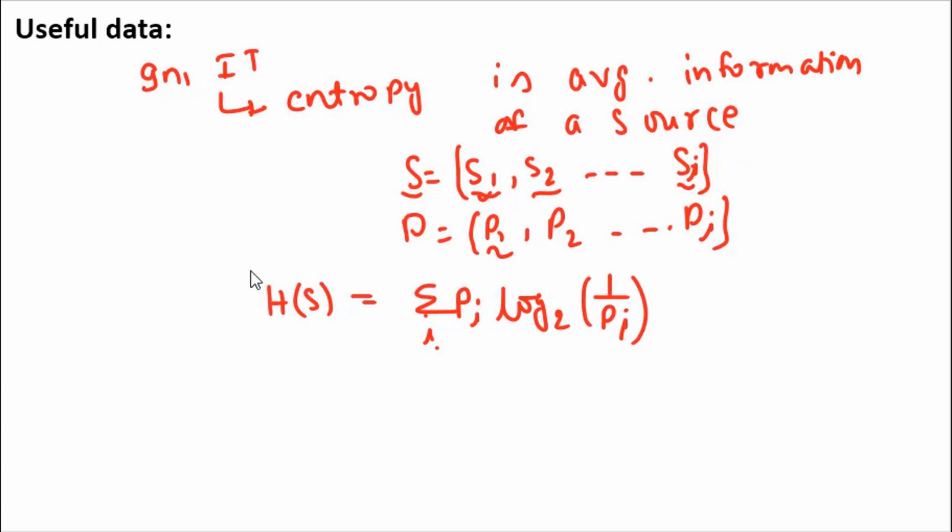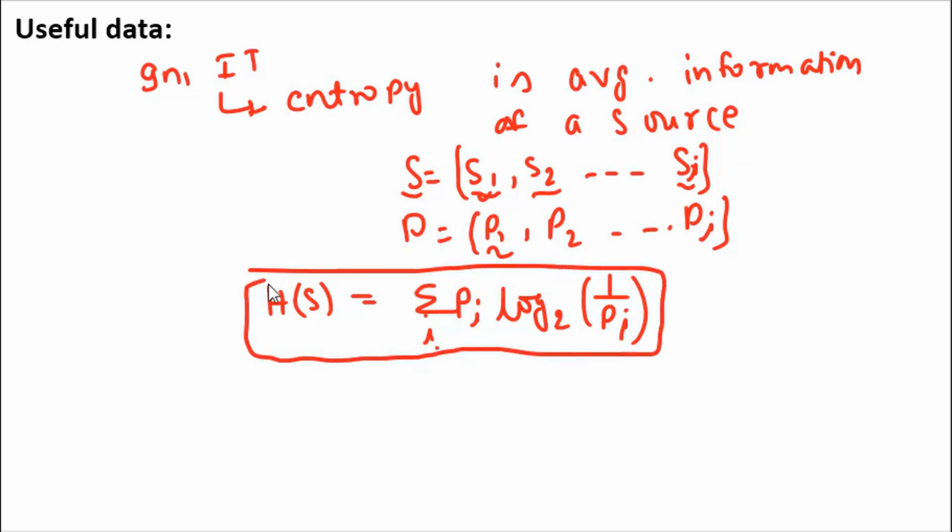So this is the entropy of this source S whose samples are S1, S2 to Si, and the probabilities are given as P1, P2 to Pi.